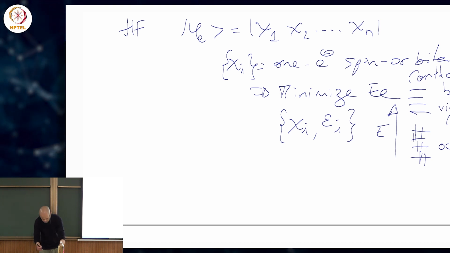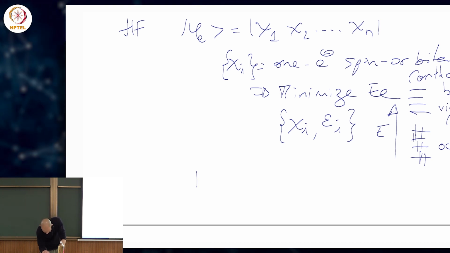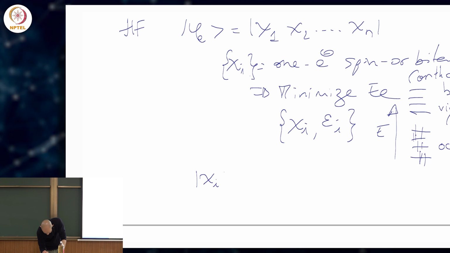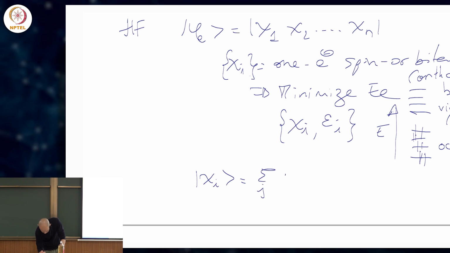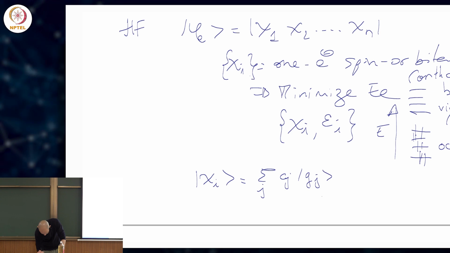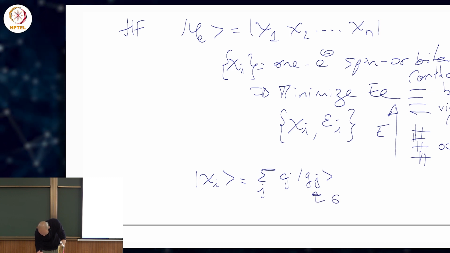So we write each orbital as a combination of Gaussian functions.